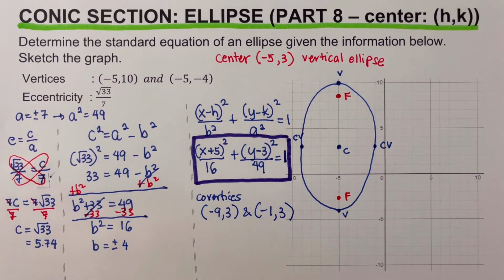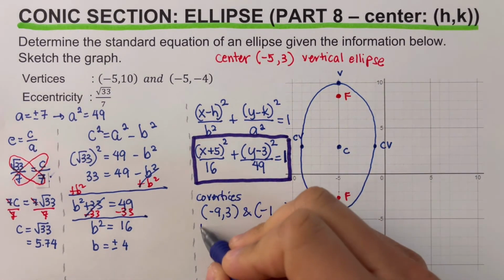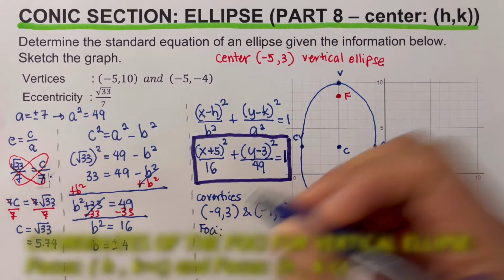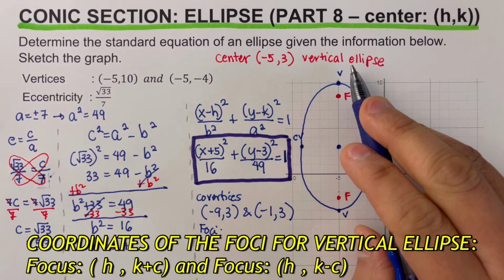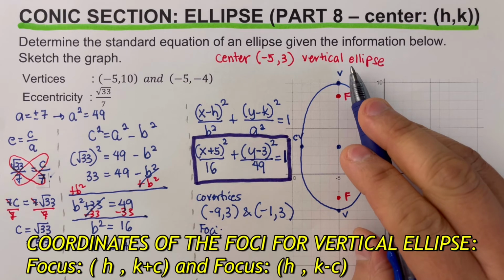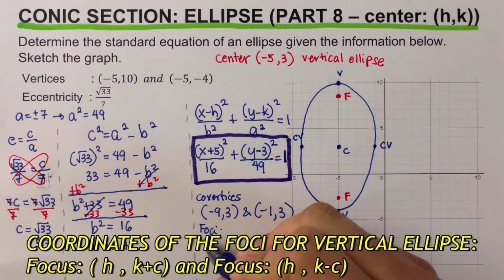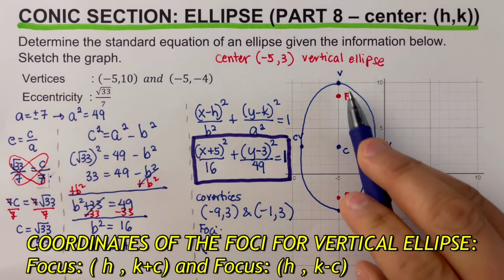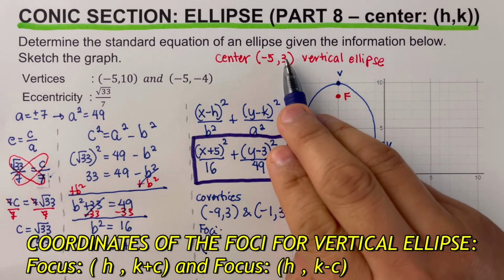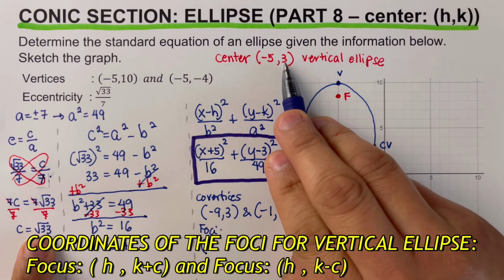And we are going to write the coordinates of the two foci. Since this is a vertical ellipse, we remember that the coordinates for the two foci of a vertical ellipse are h, k plus c and h comma k minus c. So I can go ahead and write, that's vertical. So we're going to add the c to the k.